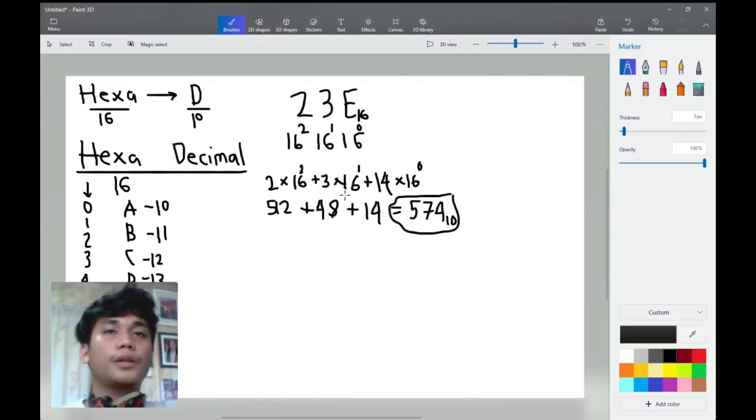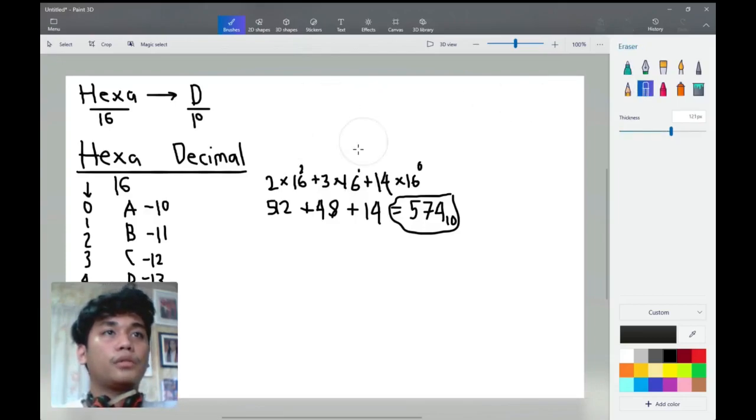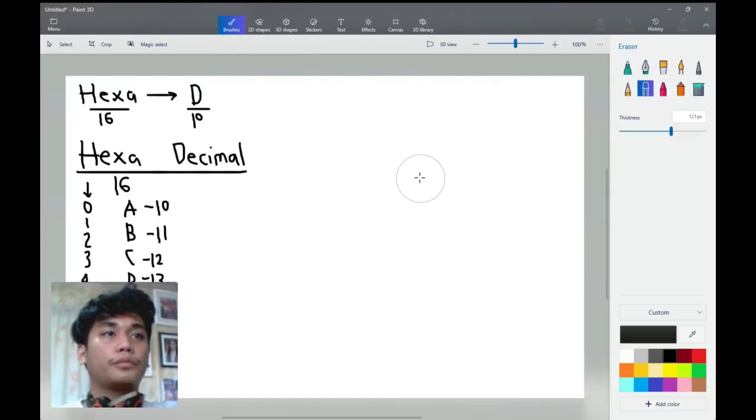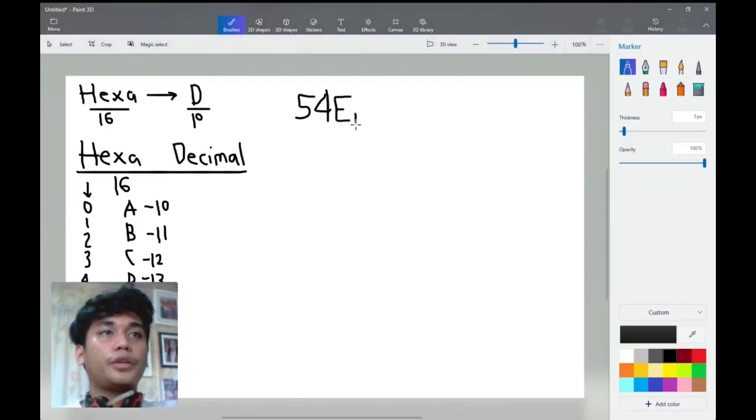We have our decimal. So what if we have to prove that the decimal is equal to the hexadecimal? So let's use another example so we can prove it: 54E base 16.